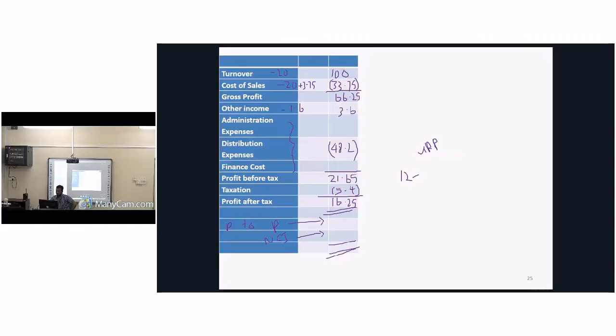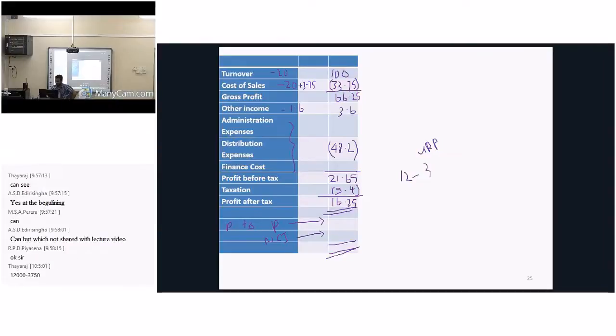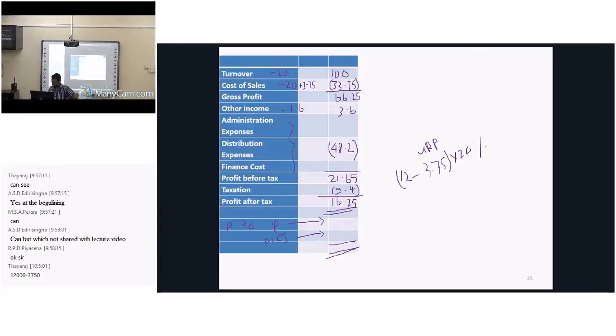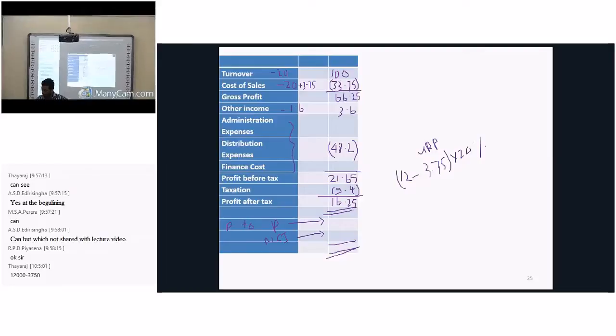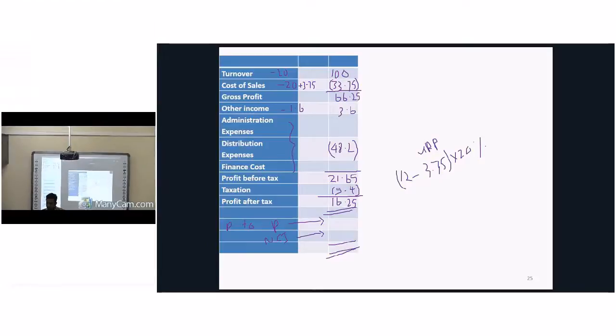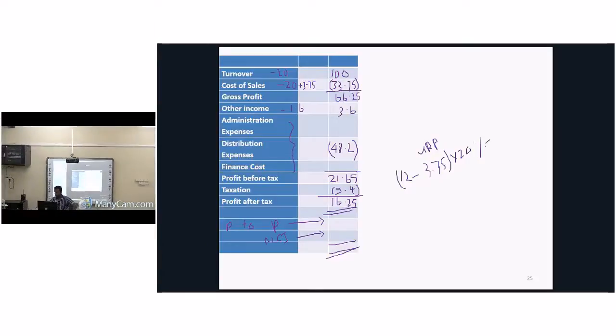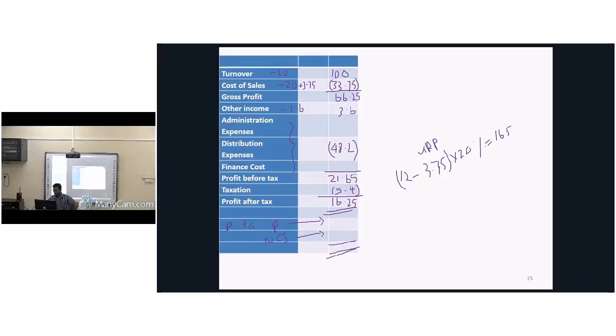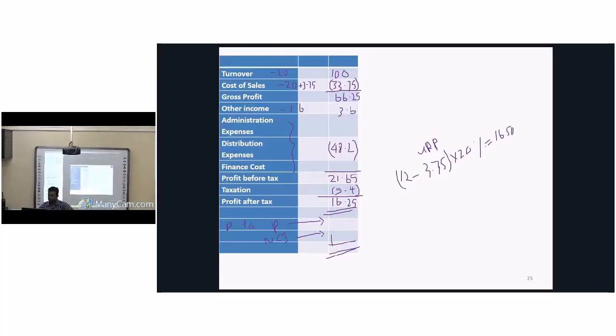Therefore, unrealized profit here is 3,750, into 20%. 12,000 minus 3,750 into 0.2 is 1,650.